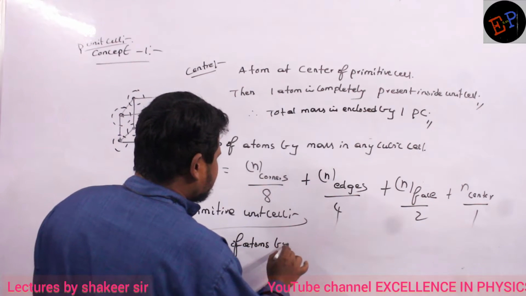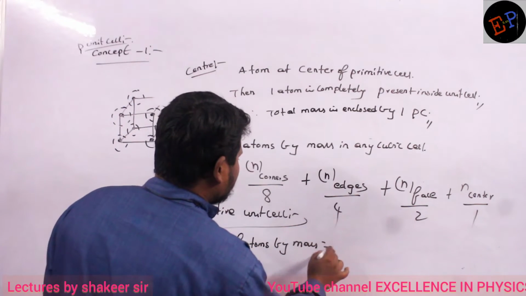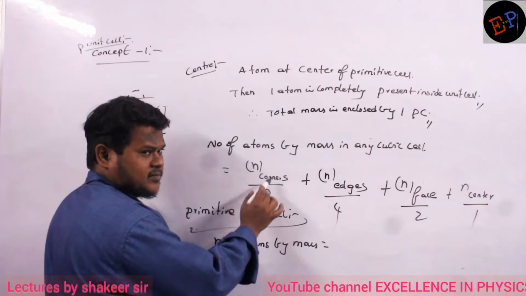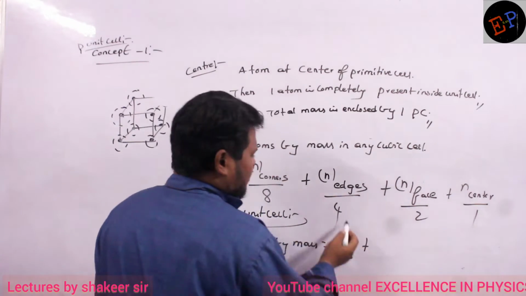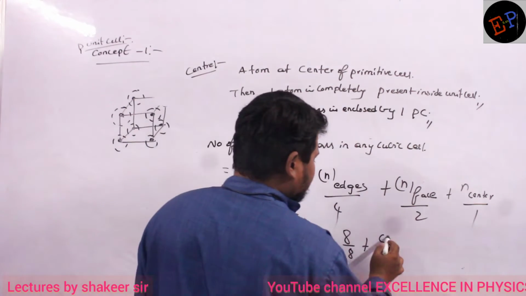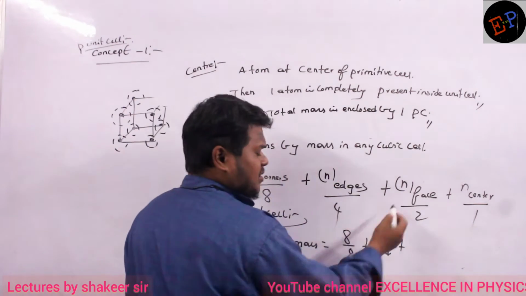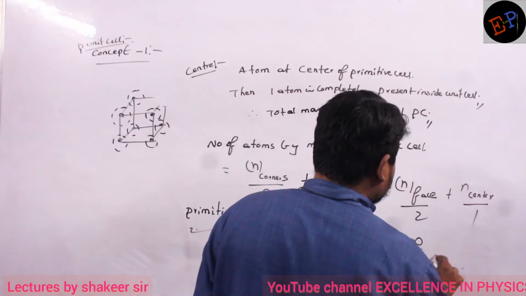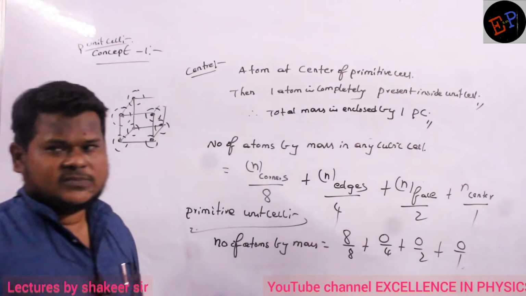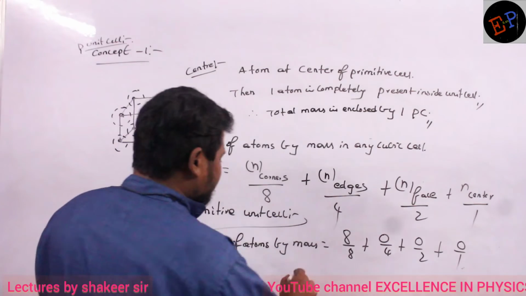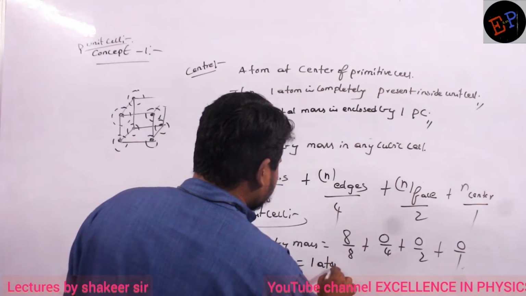Number of atoms by mass is equal to the corner atoms 8 by 8, plus atoms at edges 0 by 4, atoms at face 0 by 2, atoms at center 0 by 1. Okay ma? So 8 by 8 is how much? 1 atom. That is my answer.